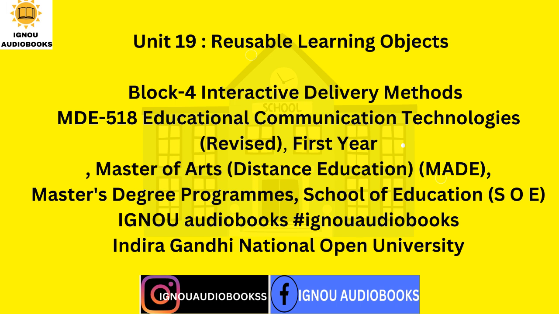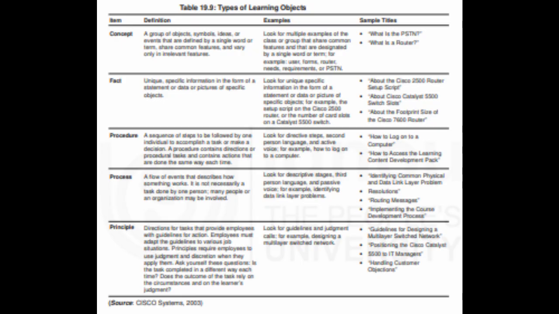Procedure. A procedure is a sequential set of steps to be followed by one individual to accomplish a task or make decisions. It lists directions for procedural tasks. Actions within a procedure must be done the same way each time, within a given situation. Use a procedure RLO when you need to teach a procedure performed on the job. For the learner to be successful, the procedures must be clear.